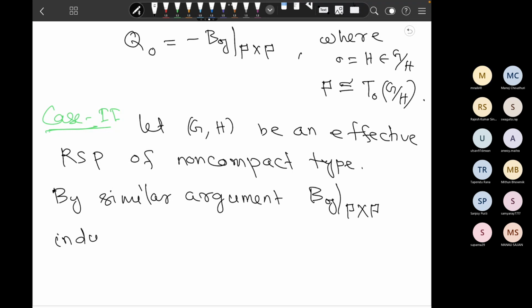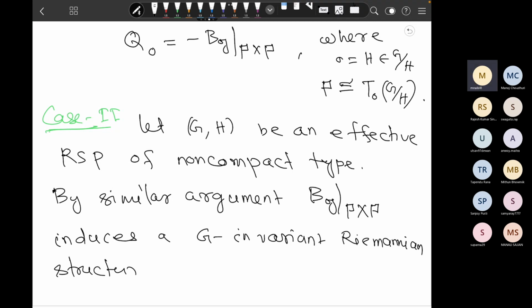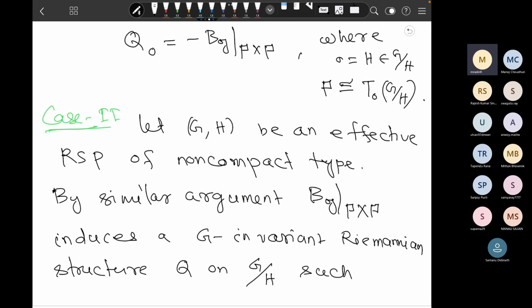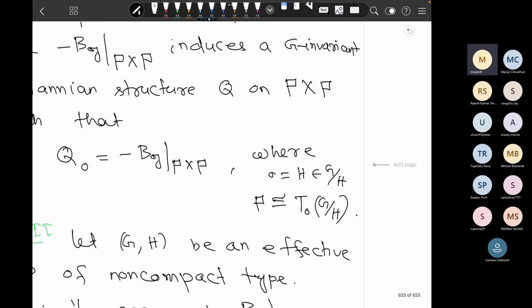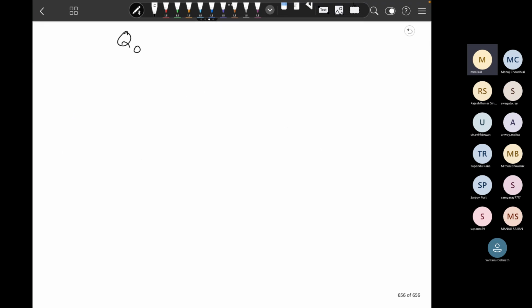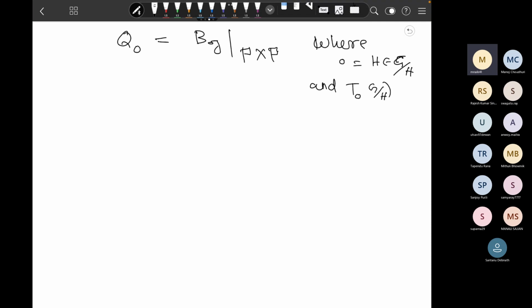This induces a G invariant Riemannian structure Q on G/H, so that Q_o is equal to B_G restricted to 𝔭 × 𝔭. Here o is equal to eH, which belongs to G/H, and we have also identified T_o(G/H) with 𝔭.